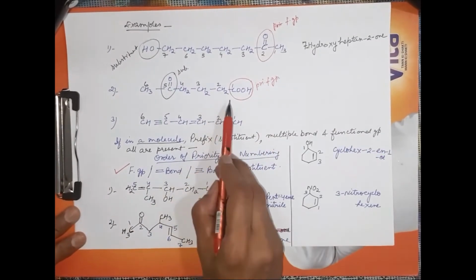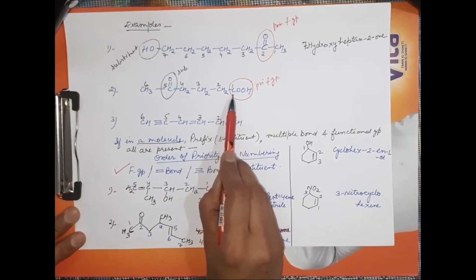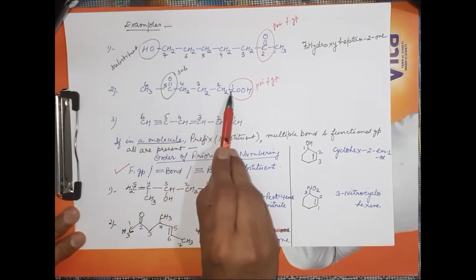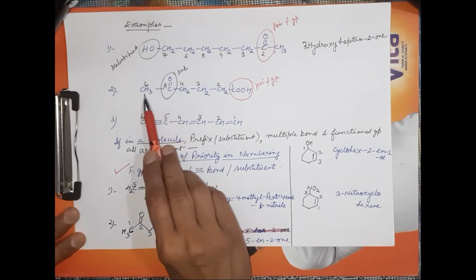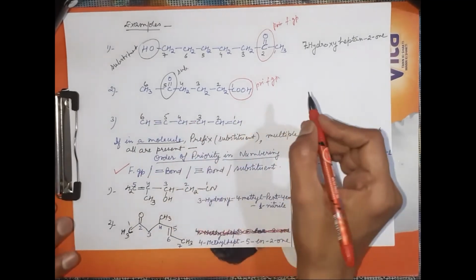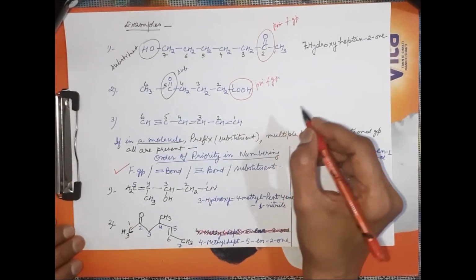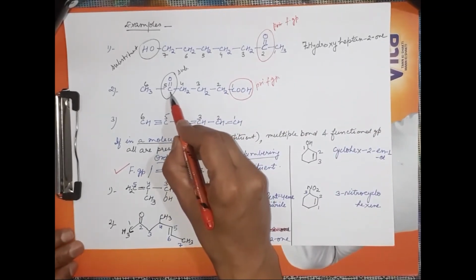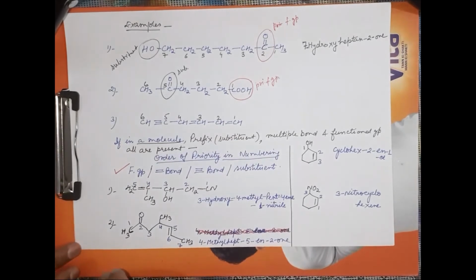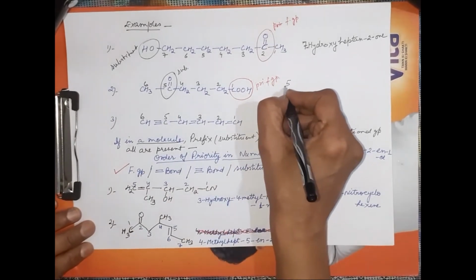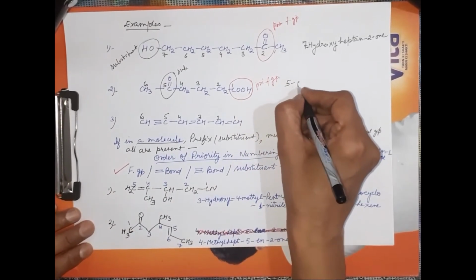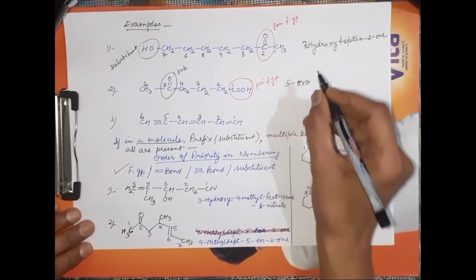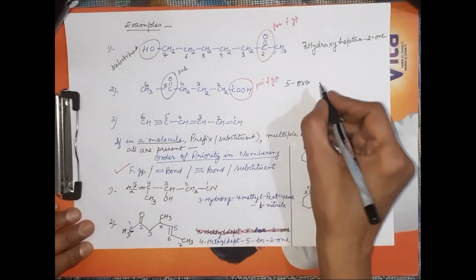For the name, we first give the numbers from right to left: 1, 2, 3, 4, 5, 6. Then first we have to write the prefix for the substituent. For the CO group, when it is written as a substituent, oxo is used. The position of this ketonic group is 5. So the name will be 5-oxo and a 6 carbon atom chain is there.